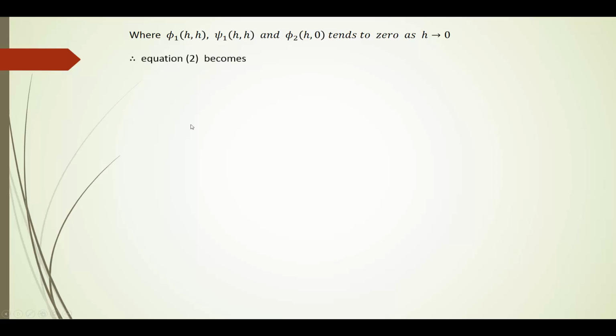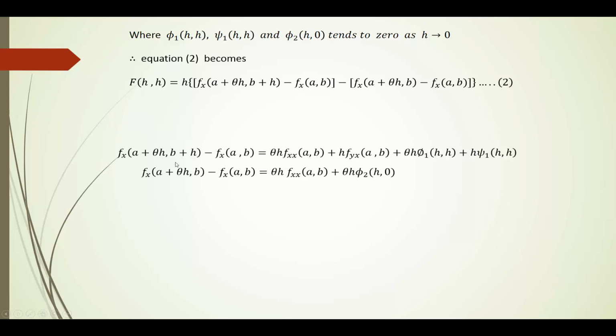First write down equation number 2. F of h equal to h into bracket f_x(a + theta h, b + h) minus f_x(a, b) minus of f_x(a + theta h, b) minus f_x(a, b). This is equation number 2. Now we know the value of this first bracket, f_x(a + theta h, b + h) minus f_x(a, b).